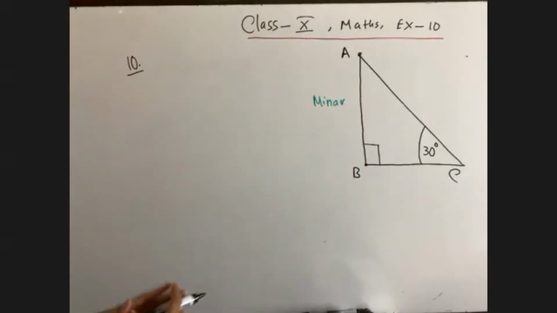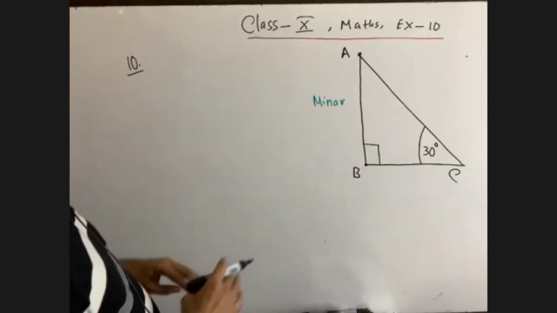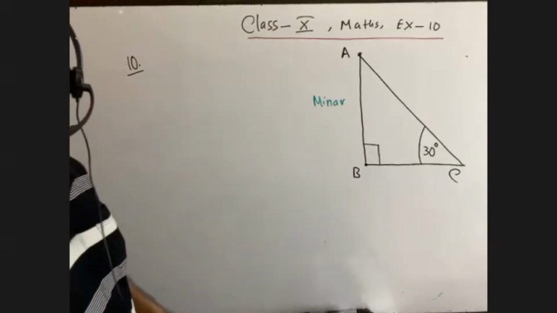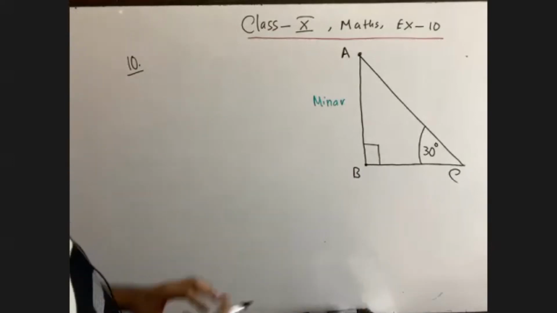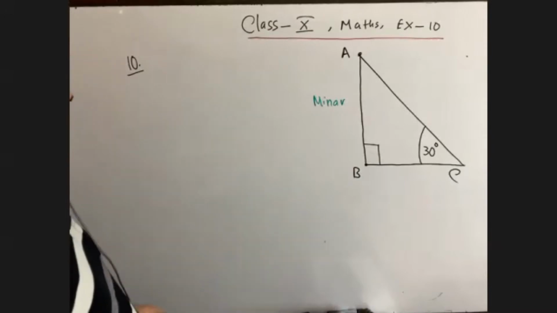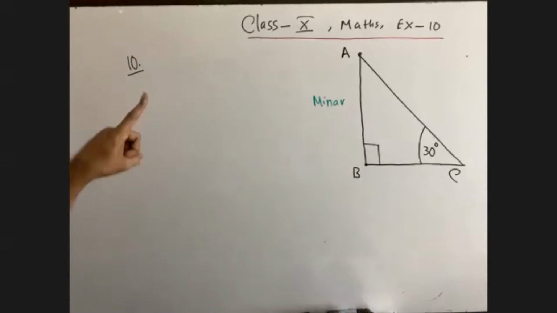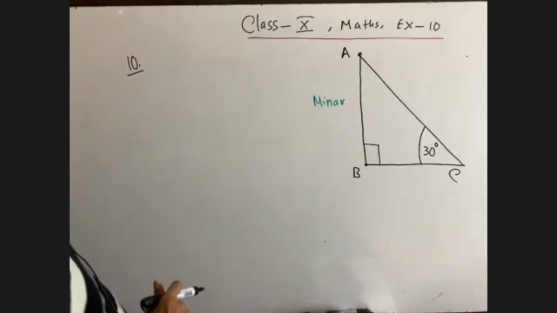So I am going to show you the first math by maintaining the rules, okay, which will be applicable for other maths. But for other maths, I will not write down in detail, which I am going to write down for question number 10 as the first math of this exercise.